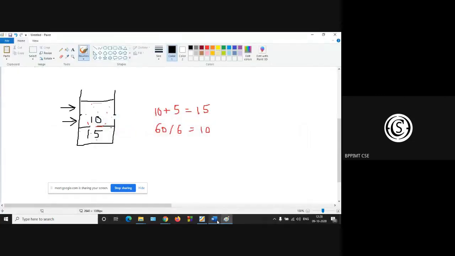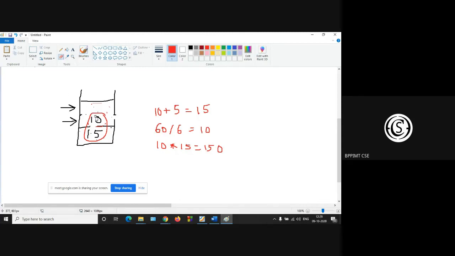Then multiplication. For multiplication, you have to again pop this 10 and 15. So 10 into 15 is 150.